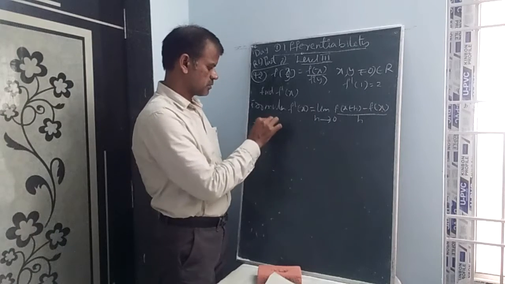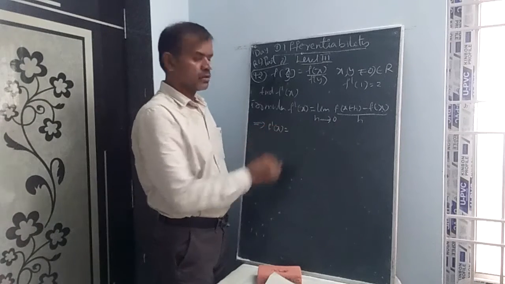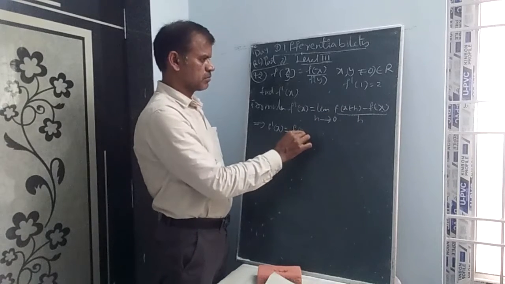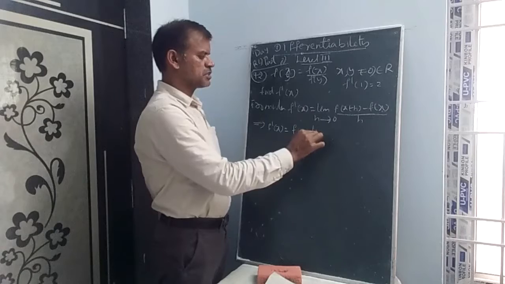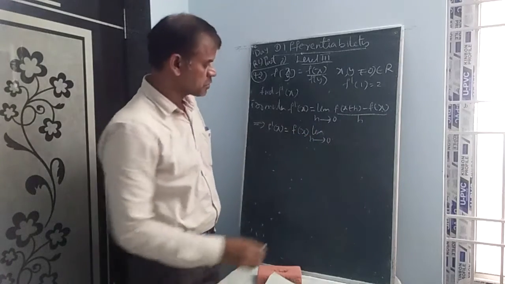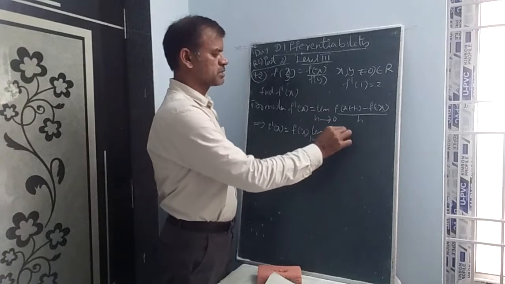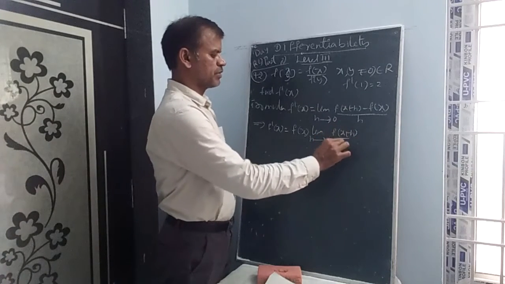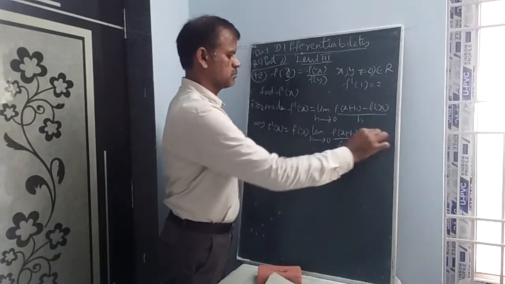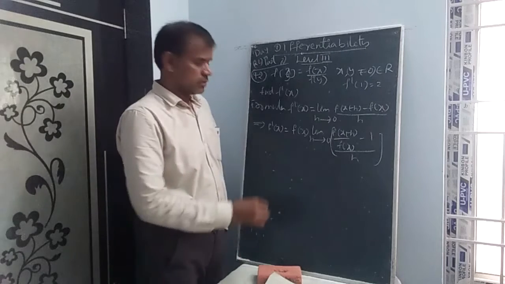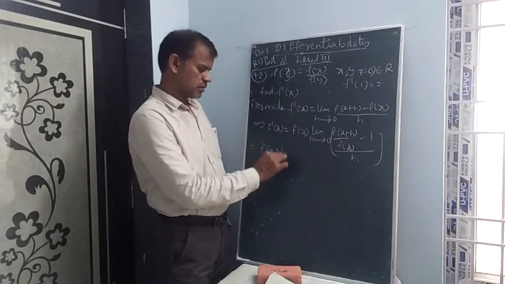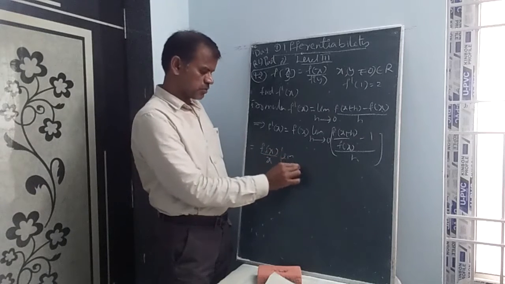That implies f dash x can be written taking f of x common: f of x times limit h tends to 0 of f of x plus h by f of x minus 1, whole by h.